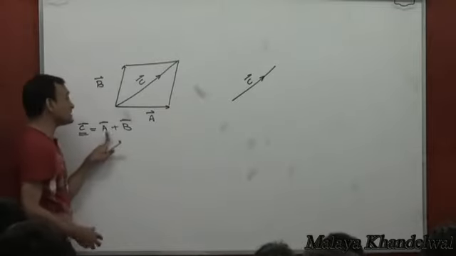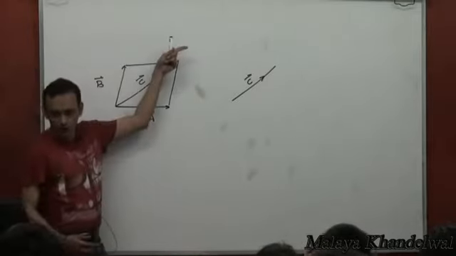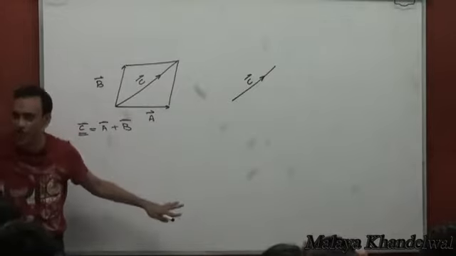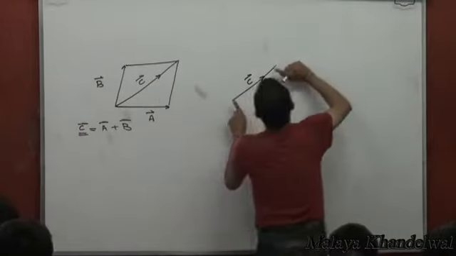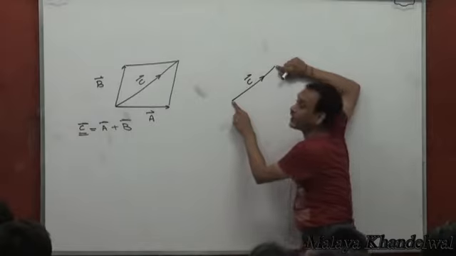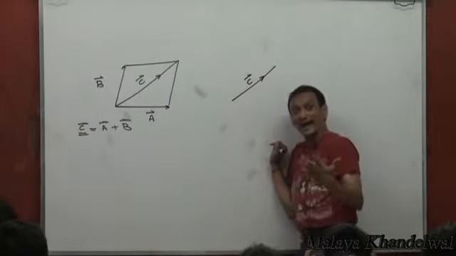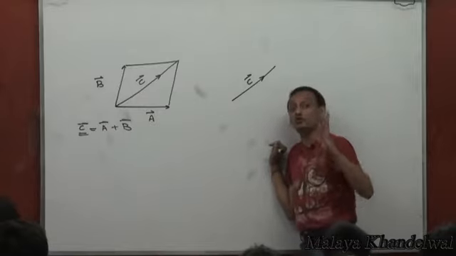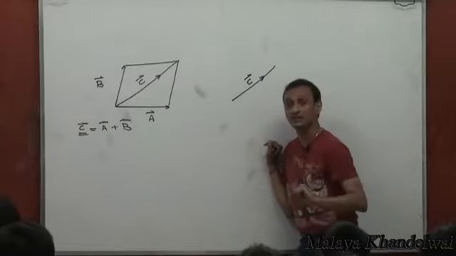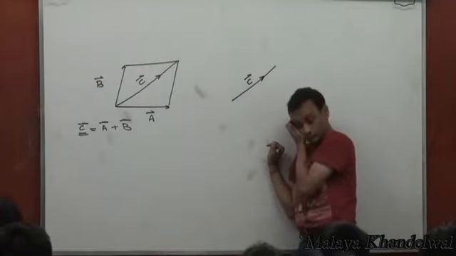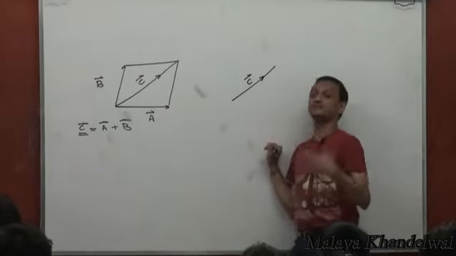That means in this case A and B were given, C was unique. But I have a fresh scenario for you. I have a vector C given and I want to replace it by two vectors A and B, right? How many ways can I do that?